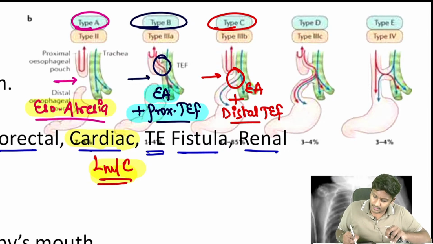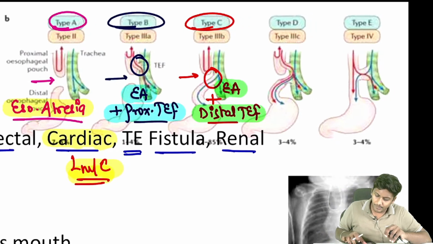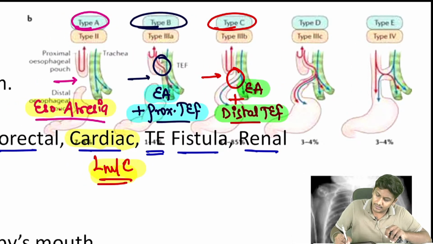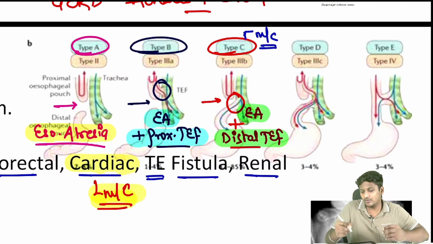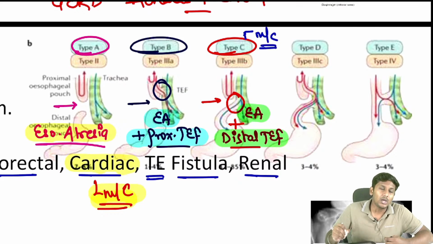This is important, as I've said, because type C is considered the most common type, almost 80% of cases. The most common type of esophageal atresia and tracheoesophageal fistula is type C: esophageal atresia plus a distal tracheoesophageal fistula, with the distal part of the esophagus communicating with the trachea.